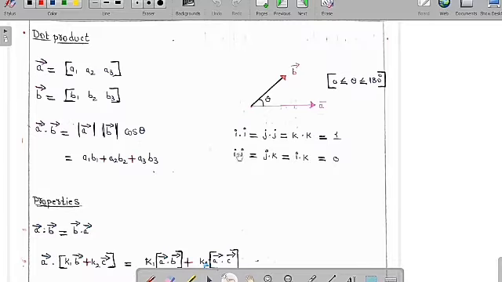Similarly, for two unit vectors that are orthogonal, their resultant value will become 0. So i bar dot j bar is equal to j bar dot k bar is equal to i bar dot k bar, which always gives you a result 0. This is some of the important properties of the dot product. The dot product is also called a scalar product because the output is always a scalar quantity.